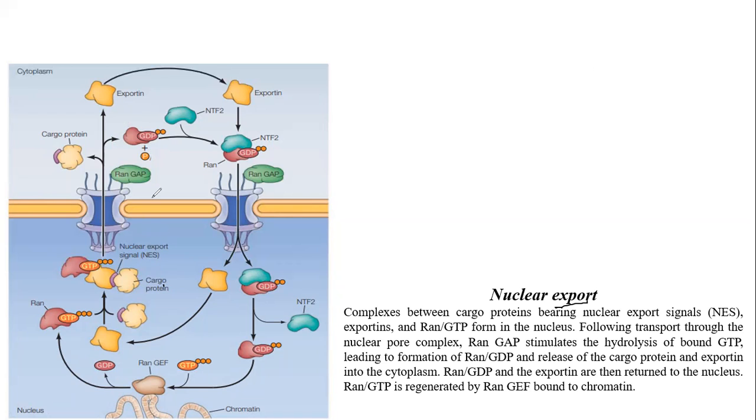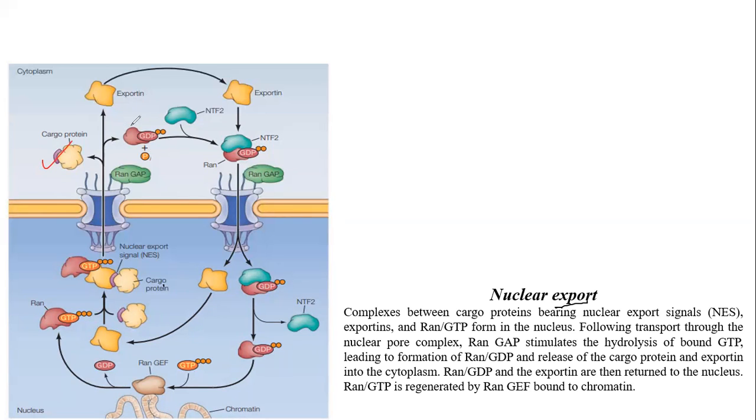So, like you said, the cargo protein first binds the nuclear export signal so that it can find the nuclear pore, and then it gets out of the nuclear pore. And there the cargo protein dissociates from the export protein, which is exportin.